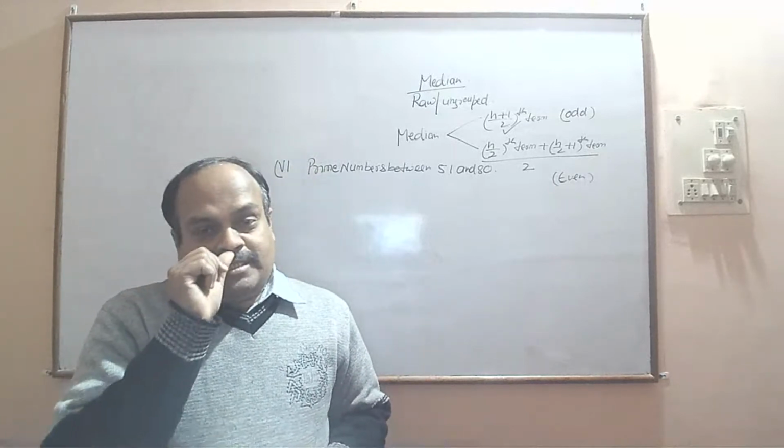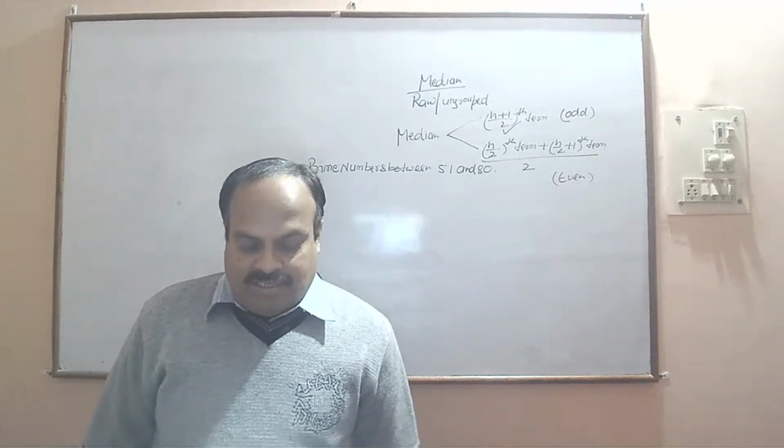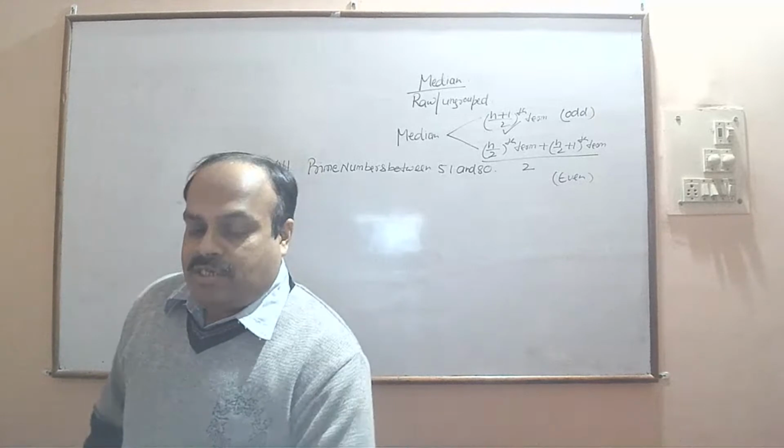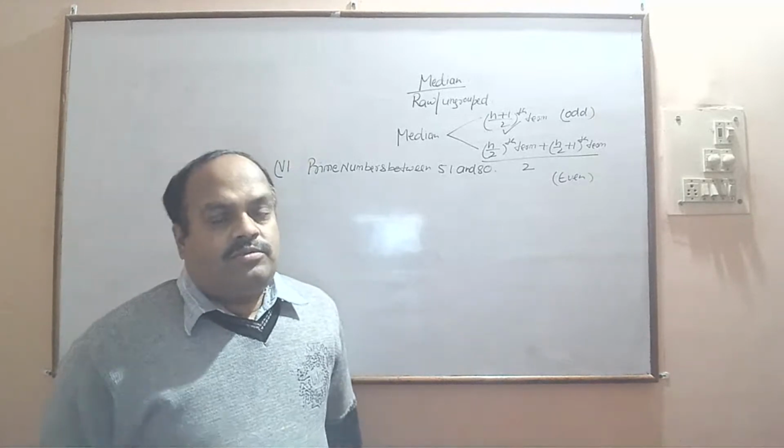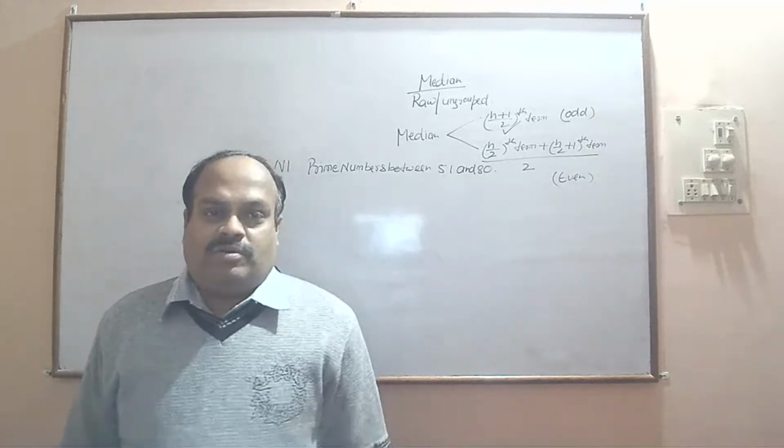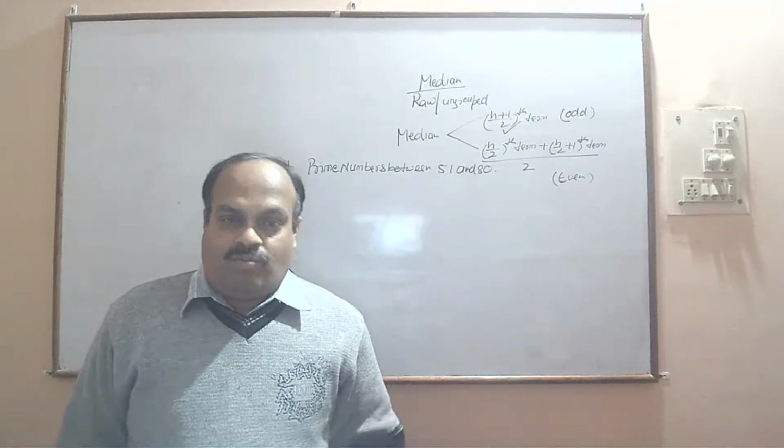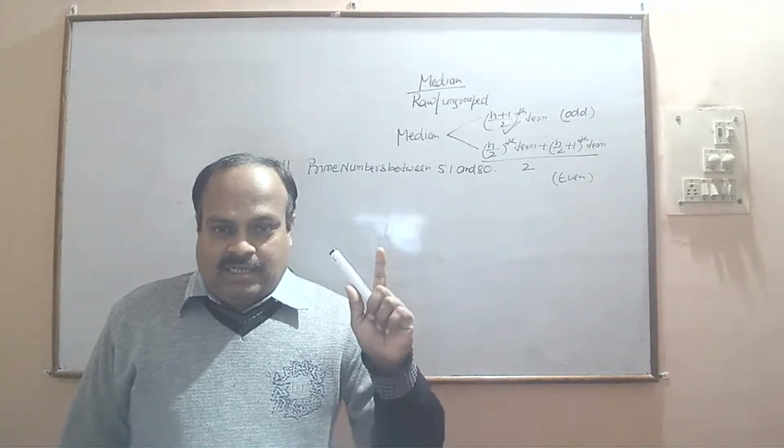So prime numbers are those numbers which have two different factors only: one and the number itself.